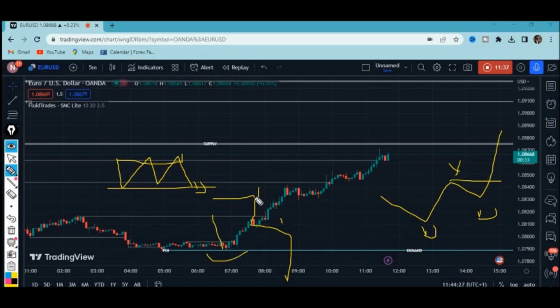And when the market is really dropping, supply zones tends to be respected and demand zones tends to be broken below. That's what you're really supposed to understand. Trading a supply and demand on a ranging market is not the same way you trade a trending market. That's what you're really supposed to understand. Understanding the market structure and understanding the supply and demand zone. Maybe in future, I will do a video explaining the market structure plus the supply and demand zone.